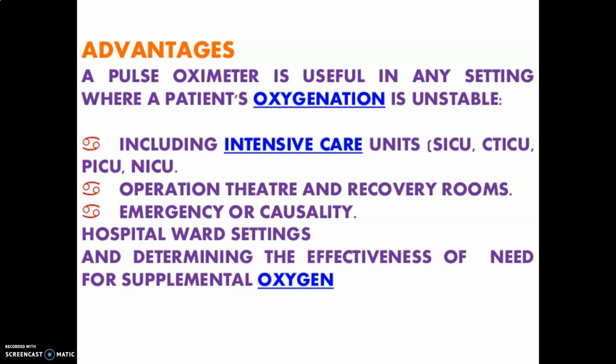If their oxygen saturation level goes down, immediately we have to connect them to oxygen. In hospital ward settings, as I have already discussed, we have to keep it there also. And it helps in determining the effectiveness and need for supplementing oxygen.